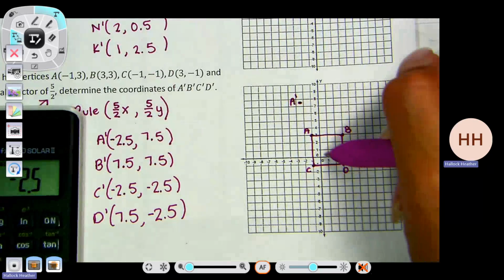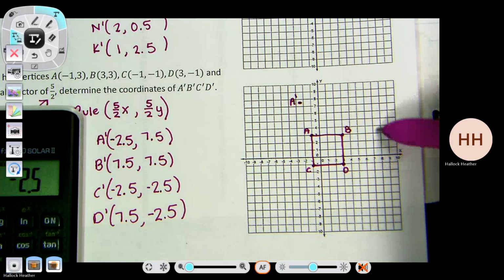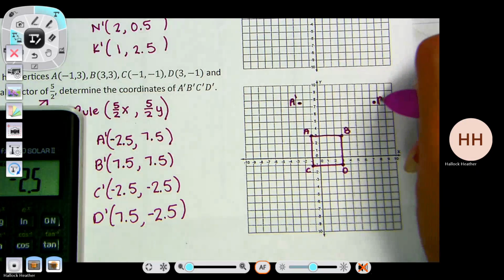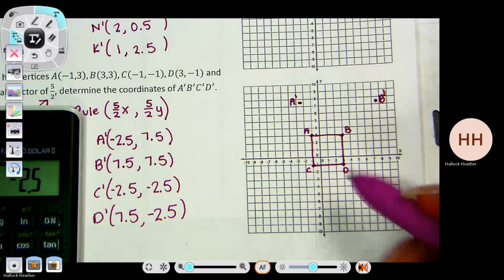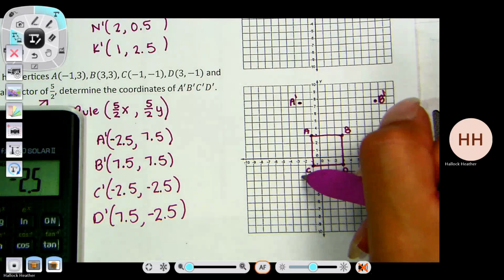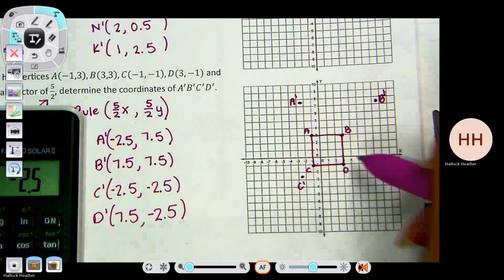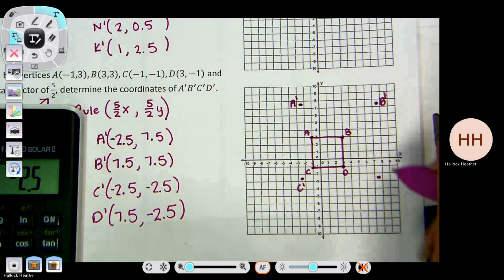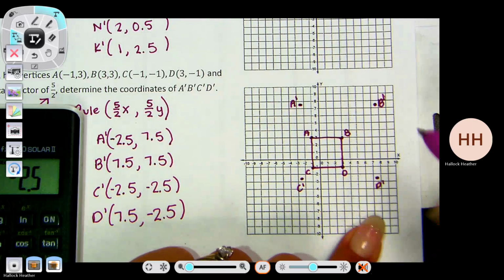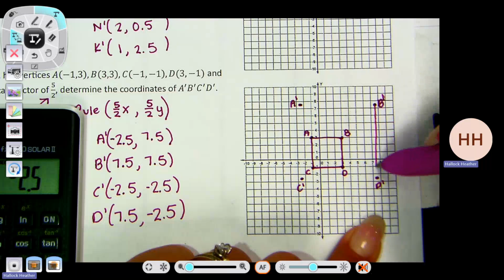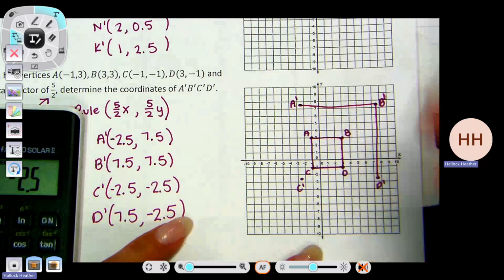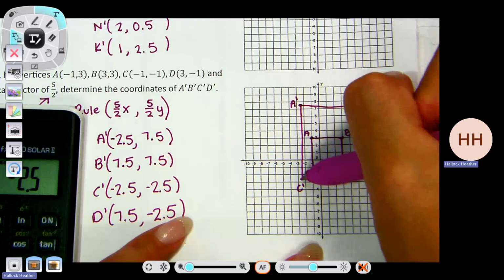So B prime's 7.5, 7.5. It's a lot bigger because technically 5/2 is 2.5. So it's 2.5 times the size.